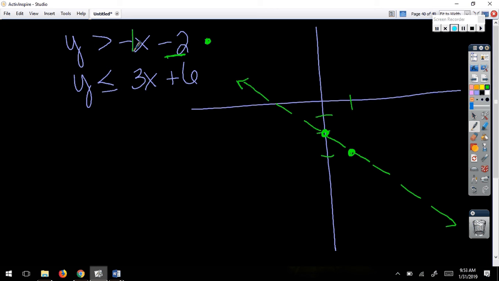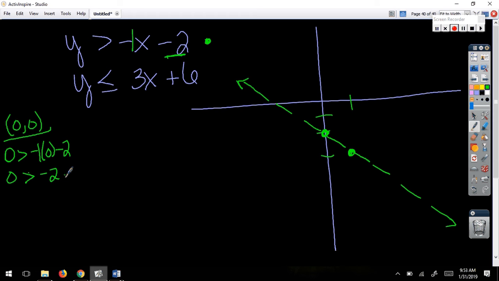Now I have to shade, so I have to know where to shade. What point should I use as my test point? 0, 0. When I do 0, 0 in this first inequality, 0 greater than negative 0 minus 2. Is 0 greater than negative 2?